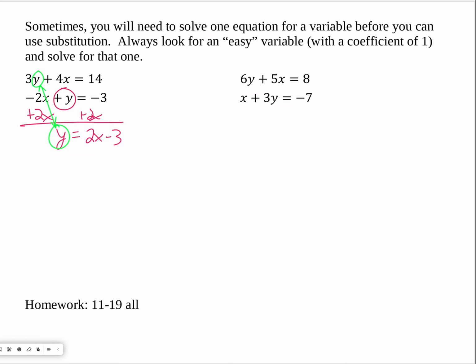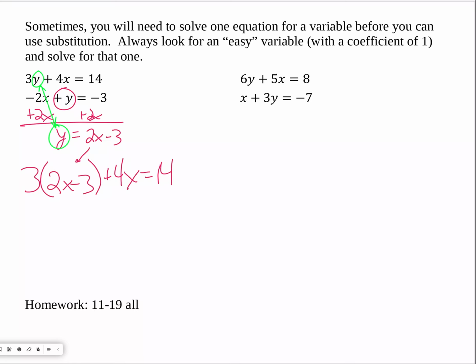So I can go ahead and substitute that right now. I'm going to rewrite this top equation, 3y plus 4x equals 14. Notice I didn't write y because I'm going to substitute the 2x minus 3 in for y. The variable is no longer y, it's 2x minus 3. I made a substitution, okay?